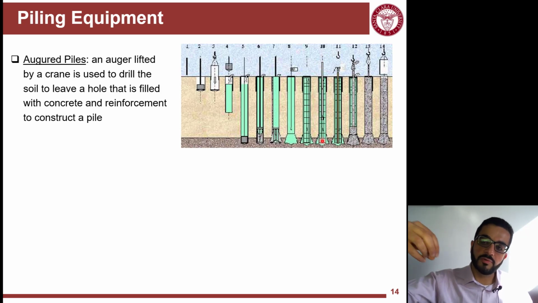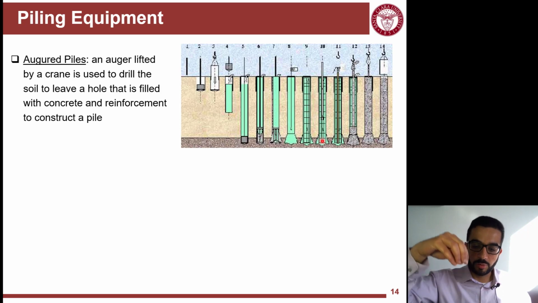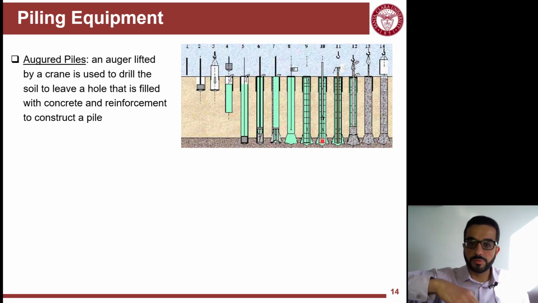It's a pipe to deliver the concrete to the lowest point of the pile, and you keep dumping the concrete and lifting the pipe up the shut slowly until you fill this hole with concrete, which you filled before with the rebar reinforcement, and then you have a finished pile.